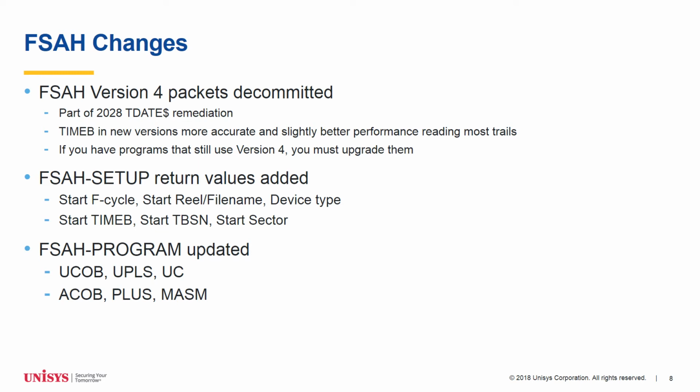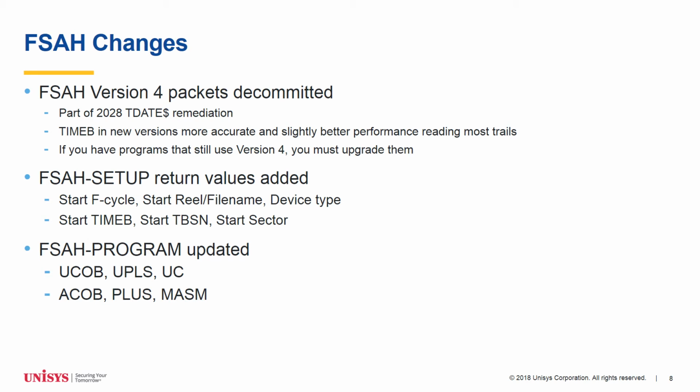As the last step in 2028 $TDate remediation for IRU, we made some changes in the area of FSA and the IRU utility file. IRU 24R1 removes support of version 4 FSA packets. These packets contain $TDate format timestamps. While these timestamps might exist on older audit trails, all trails generated by exec levels from release 15 or later contain new time B-based timestamps.